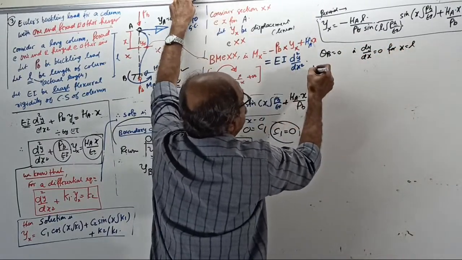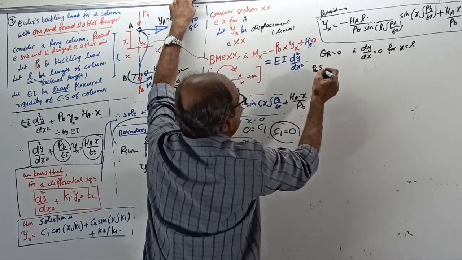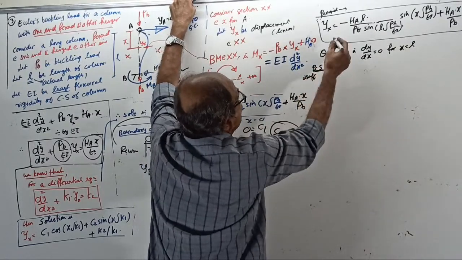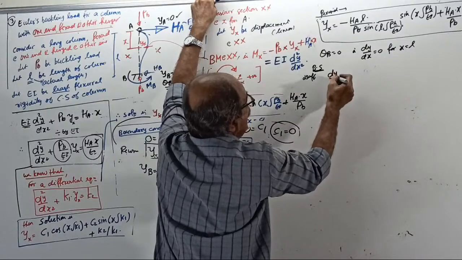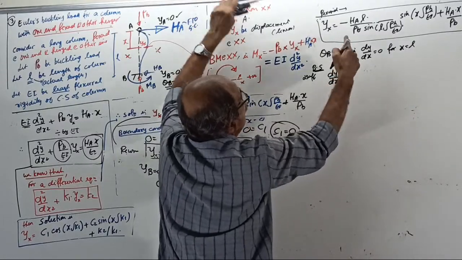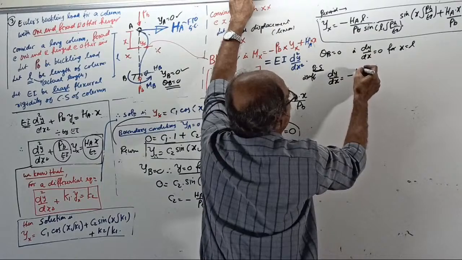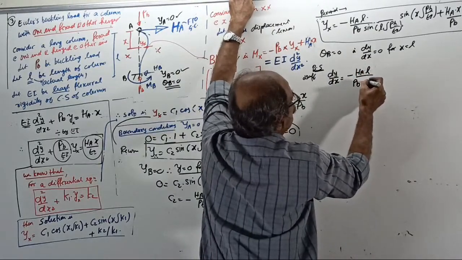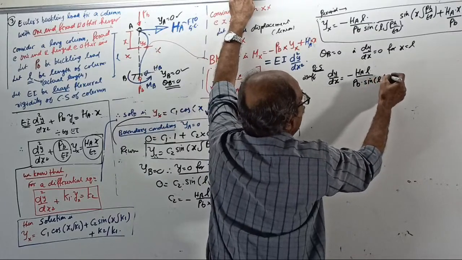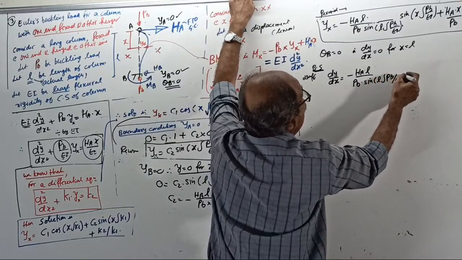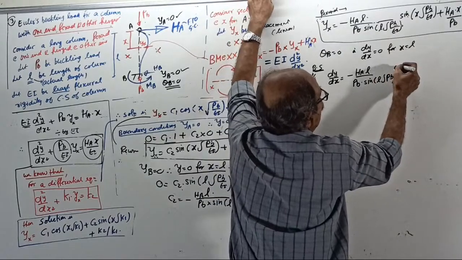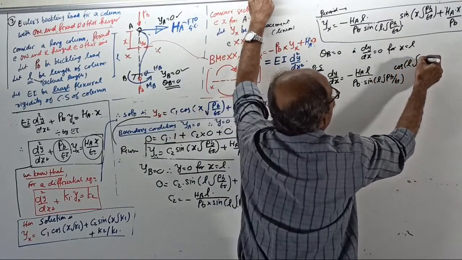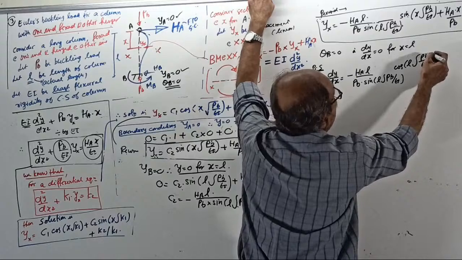So, before substituting, differentiate. Tell the answer. dy by dx equal to, what is the answer? This is constant, minus HAL by PB into sine of L root PB by EI; the sine will become cos of L root PB by EI.